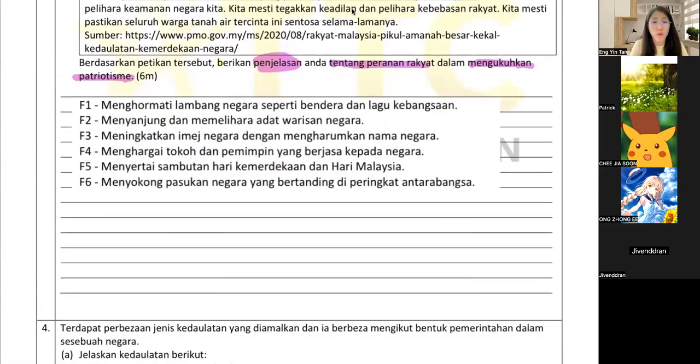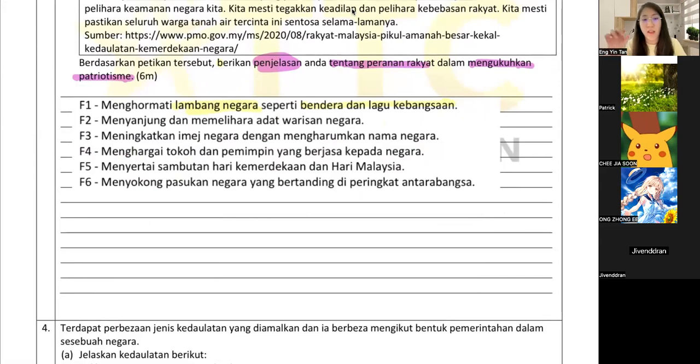Okay, so let me show you. Now you can say we respect lambang negara. For example, when we sing Negaraku, the bendera, all those, that one is respect. Then you can give contoh, semasa menyanyikan lagu kebangsaan dengan penuh semangat dan berdiri tegak. Like this, contohnya.